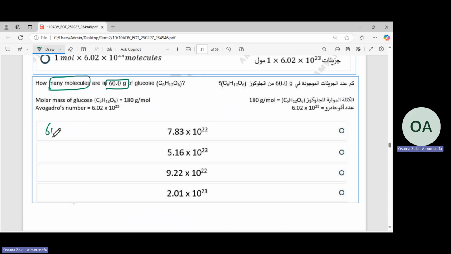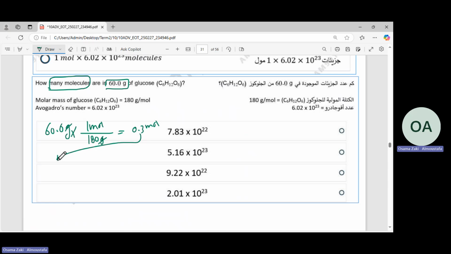So 60 grams times 1 mole over the molar mass, which is 180 grams. So cancel gram. You get 0.33 mole.